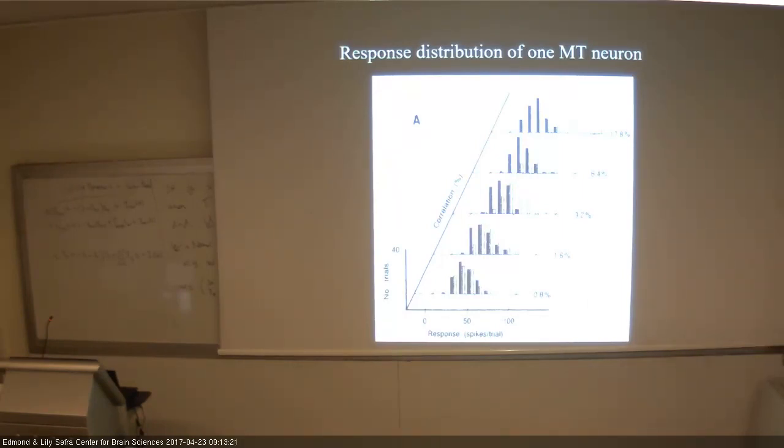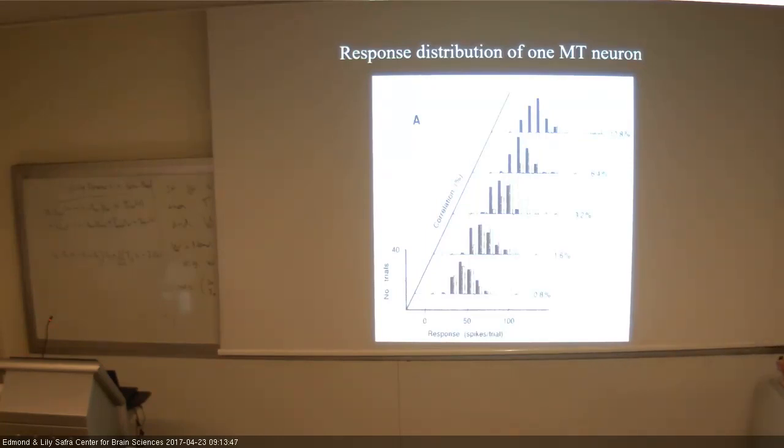Notice that this distribution is not exactly the same each time. Sometimes the neuron fired 75 spikes per second, but sometimes it fired less than 50 spikes per second. And for the null direction, on average it fired less than 50 spikes, but sometimes it fired above 50 spikes. So that's the distribution of the response for the null direction and for the preferred direction.